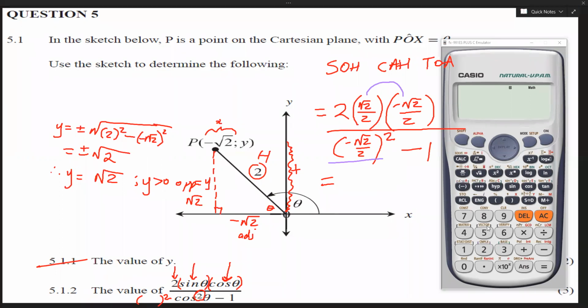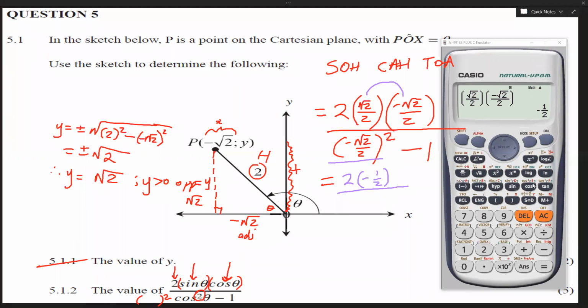So now I'm going to say, in brackets, root 2 over 2, close bracket, times negative root 2 over 2. Perfect. That gives me negative 1 over 2. But remember, the 2 is still there. So I have the 2, and then this gives me negative 1 over 2. And then I have over. Let's see, what does this one give us?